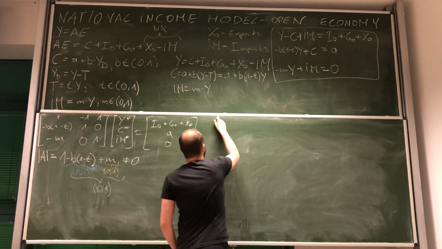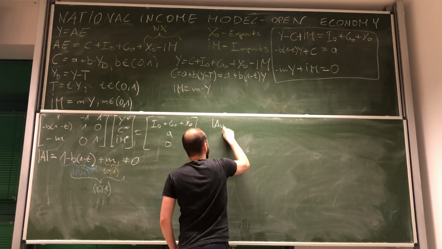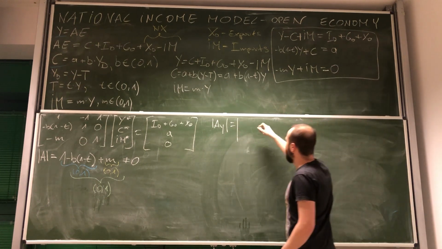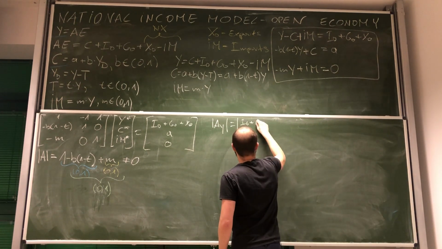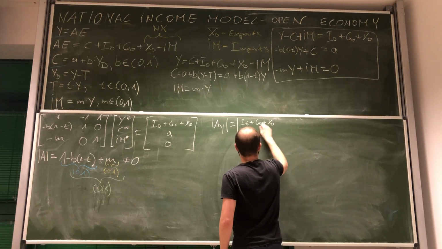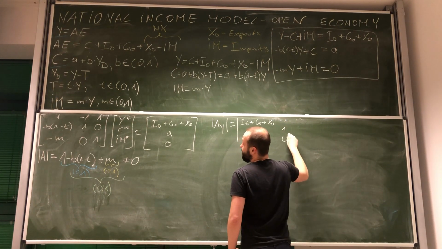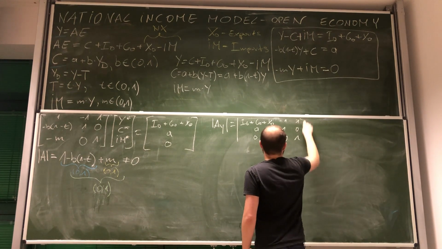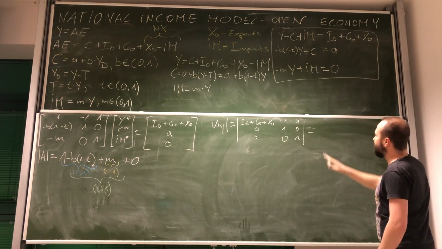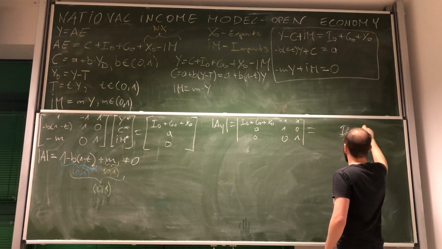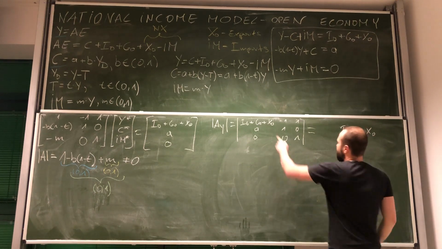So let's start with equilibrium income. We substitute the first row with the vector of exogenous terms. Okay, so let's calculate it. It's I0 plus G0 plus X0, right?